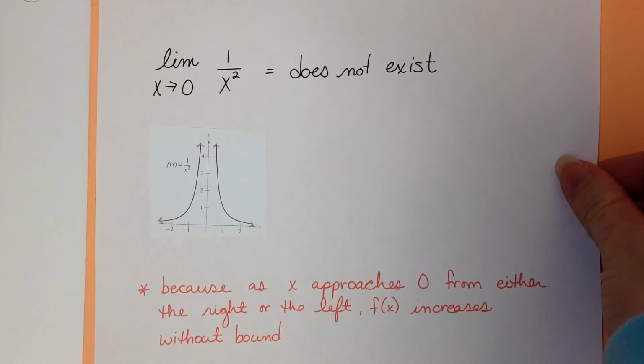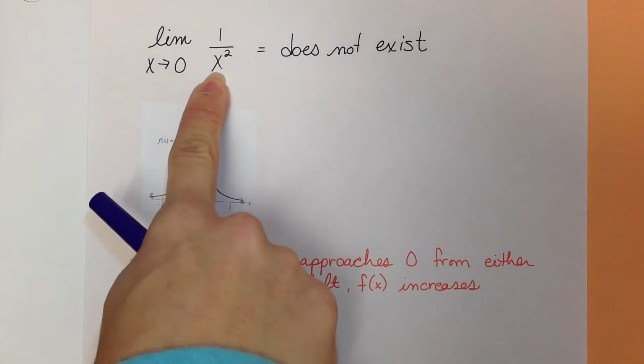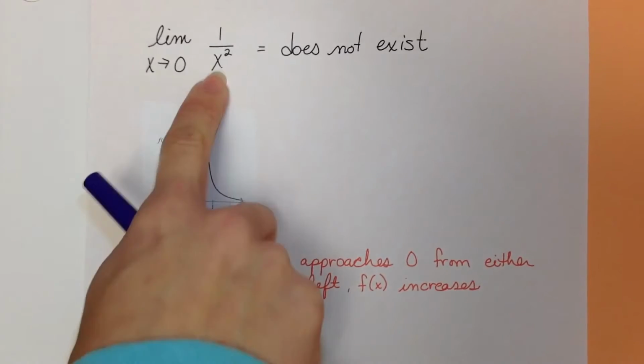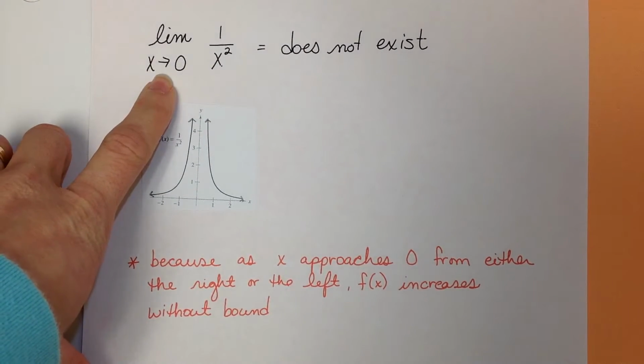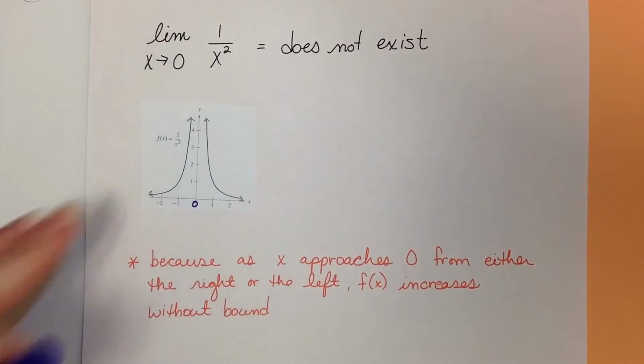All right, the second situation, remember, was where your graph increases or decreases without bound. So here's an example of what that means. We have the limit as x approaches 0 of 1 divided by x squared. And again, I've already said here the limit does not exist. So if you were to graph 1 divided by x squared, this is the graph for this function. Again, they've chosen to approach x equals 0, so of course right here is x equals 0.